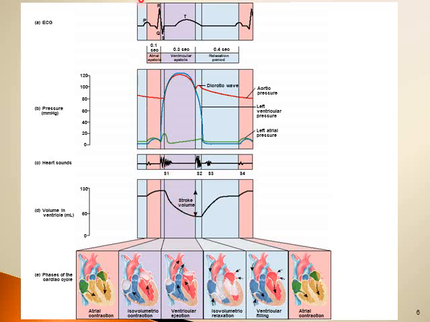Okay, so as we studied in the previous lecture, the P wave represents the atrial depolarization, and shortly after atrial depolarization, the atrial contraction will start, and this will pump the last third of ventricular filling, and then after that the QRS complex, which represents the ventricular depolarization.